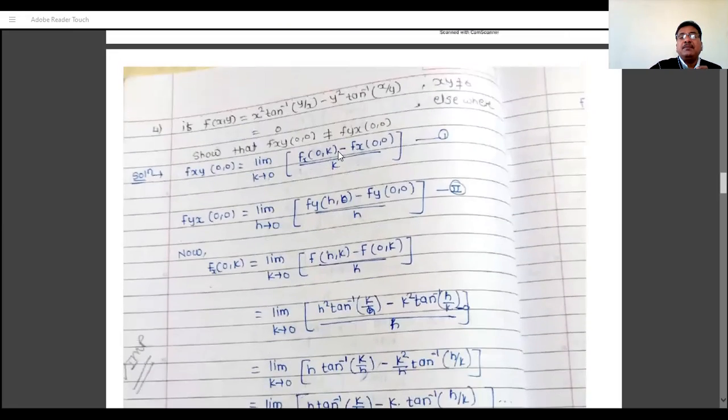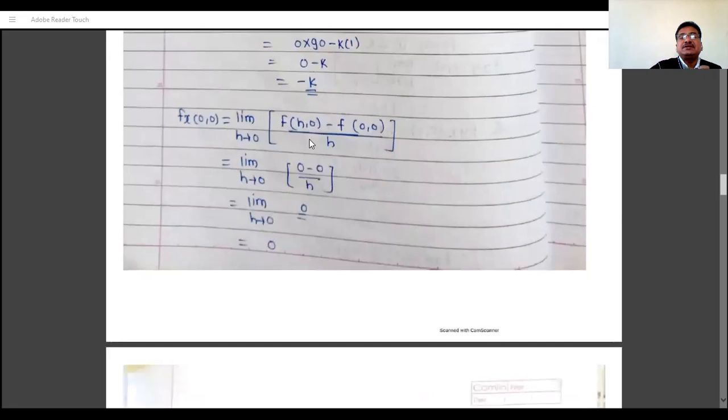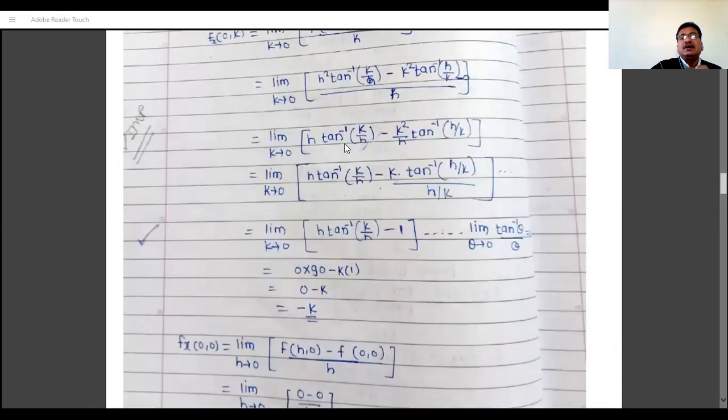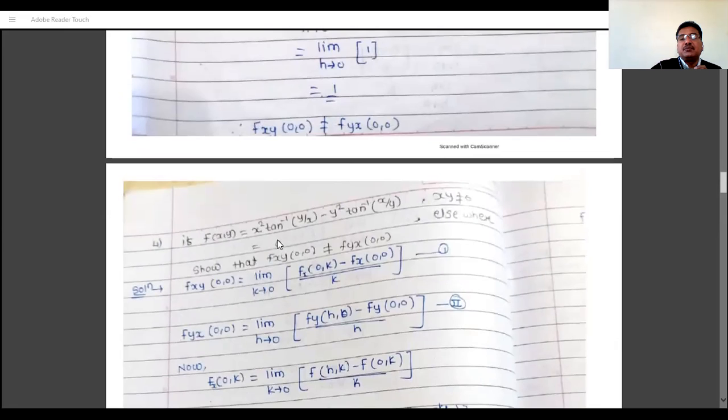Then the value of fx(0,0). So limit h tends to 0, f of (h,0) minus f of (0,0) divided by h. What is the definition? fx(a,b) is limit h tends to 0, f of (a plus h, b) minus f of (a,b) divided by h. A is 0, so a plus h, 0 plus h is h. Then b is 0, minus f of (a,b), both a and b are 0, divided by h. So f(h,0) is directly 0, because what is the definition? f(x,y) is 0 elsewhere, meaning x into y is 0.